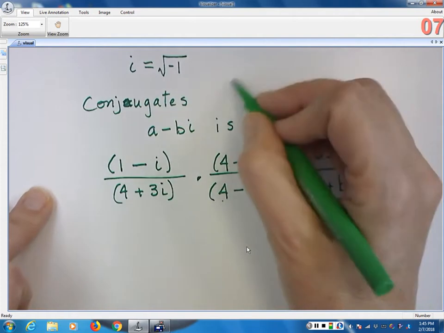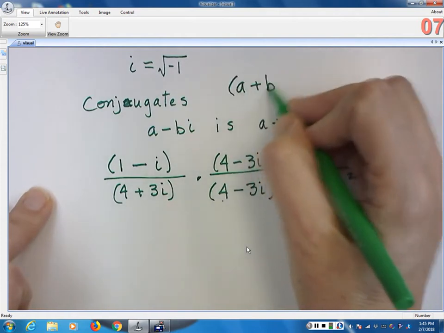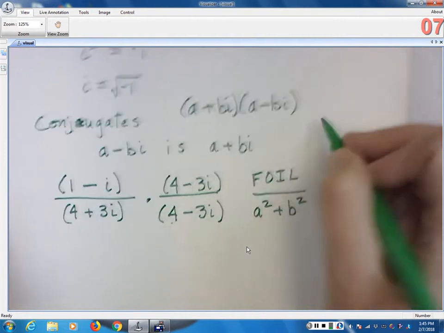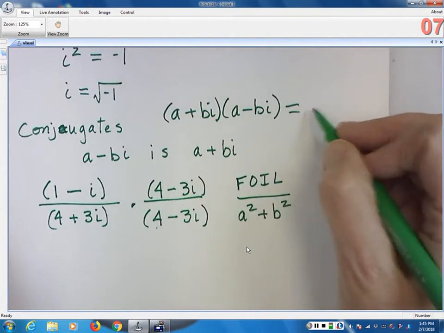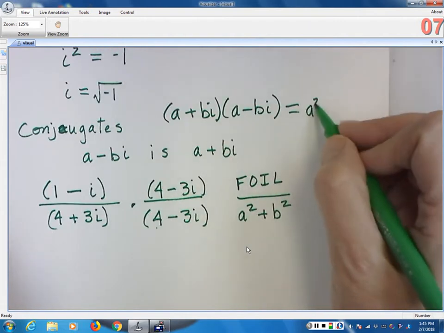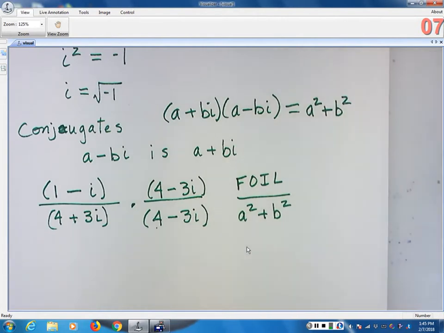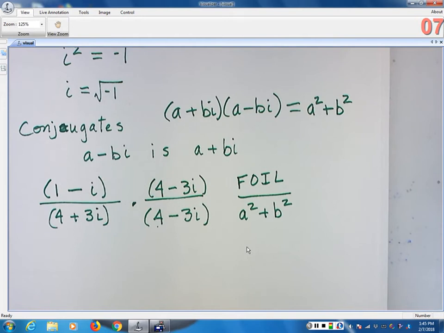If you multiply complex conjugates together, if you would FOIL it, the middle terms will cancel and you'll always get A squared plus B squared. It's always equal to that. So it's best just to memorize that for the denominator here, and then you're going to FOIL the top, and that's how you divide it.